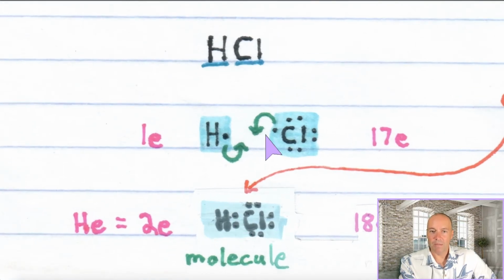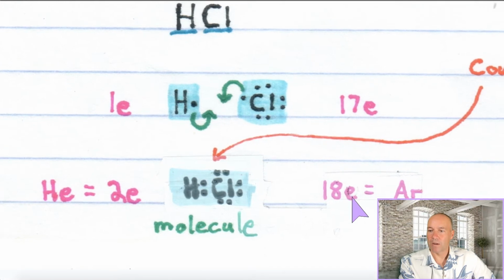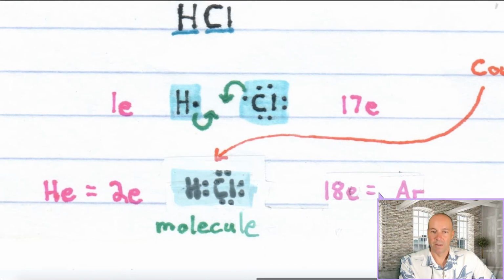And then hydrogen is kind of like it now has 2 electrons because chlorine is now right next to it. So hydrogen, by sharing chlorine's electrons, becomes like the noble gas helium, which is element number 2. And chlorine, by sharing hydrogen's electron, becomes like the noble gas argon again.